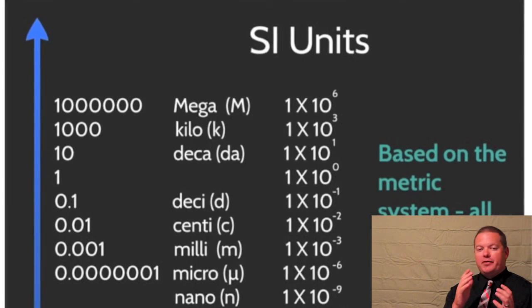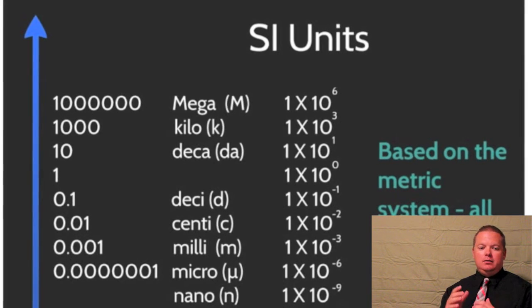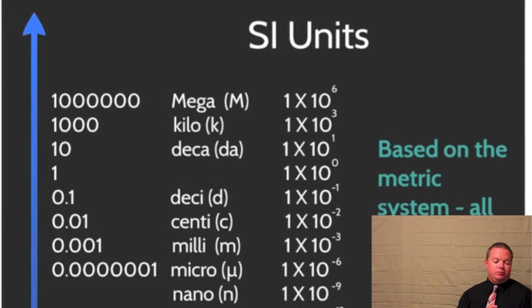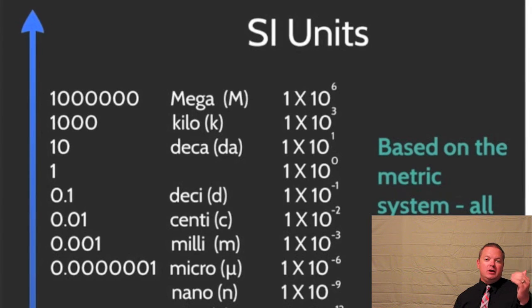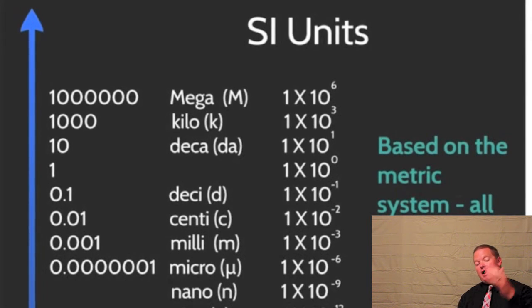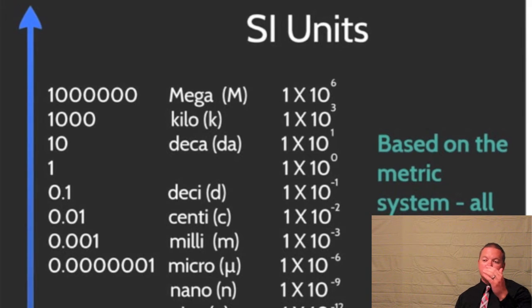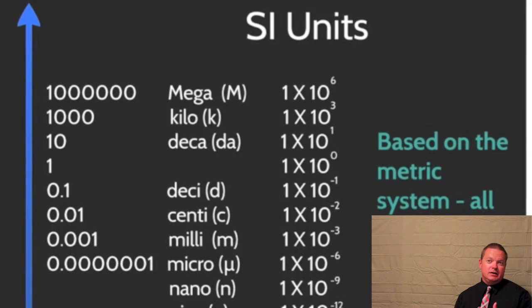So if we think about the meter, for example, 1 meter, then go to 10 meters, which we can abbreviate decameters, which would be dam. We can go to 1,000 meters, which would be kilo. 1,000,000 is mega. If we go smaller than that base of 1 to 1/10, that is a deci.